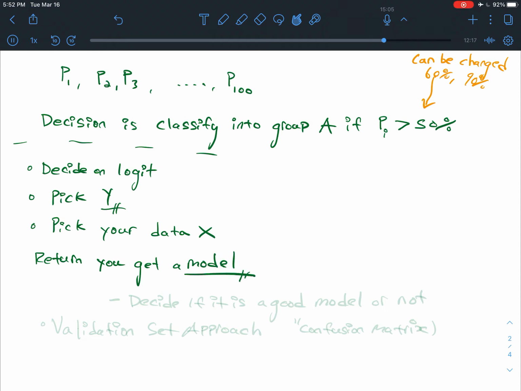All right, so you don't have to do any of this math above. You're going to get the model, and then your job is to decide if it's a good model or not. So you need to diagnose the model.